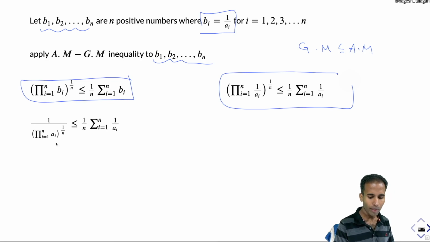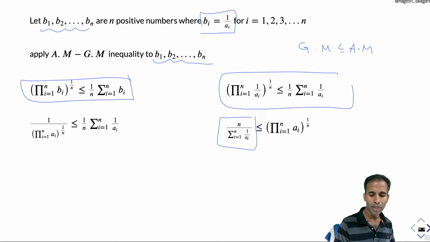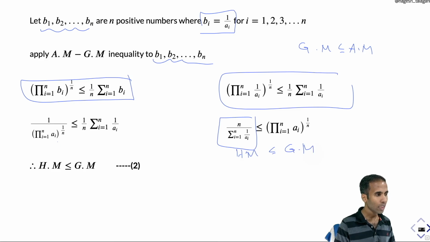Now if I bring this one to this side, and this thing to that side, we end up with this. So we have n by summation i equal to 1 to n of 1 by ai less than or equal to the product i equal to 1 to n of ai, all to the power of 1 by n. This is exactly HM, which is less than or equal to this, which is GM. So we have HM less than or equal to GM.